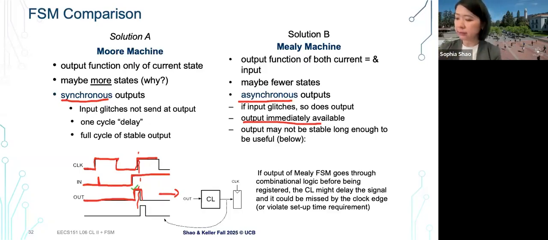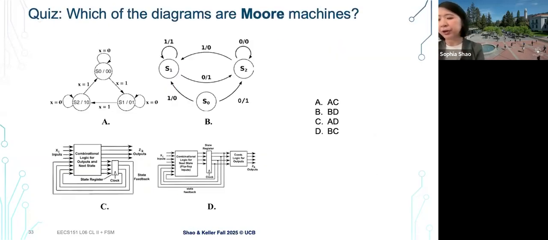Okay, so with that, just a very quick example of those diagrams. Let's quickly spot which are the Moore machines and which are the Mealy machines. We see both a state transition diagram and, a little bit more, the logic, not necessarily gate level, but a circuit diagram. What are the Moore machines in this?